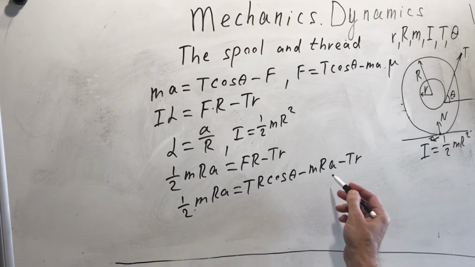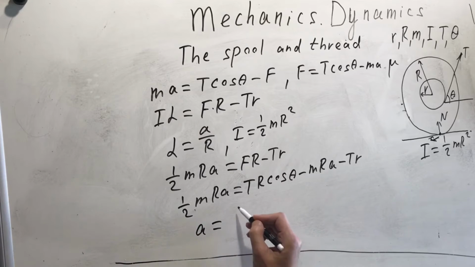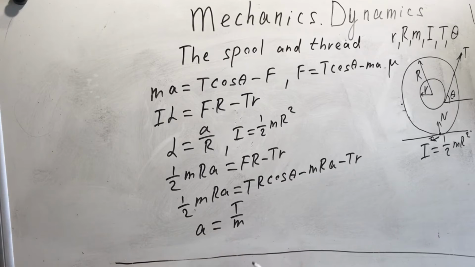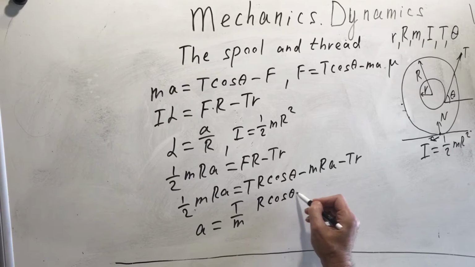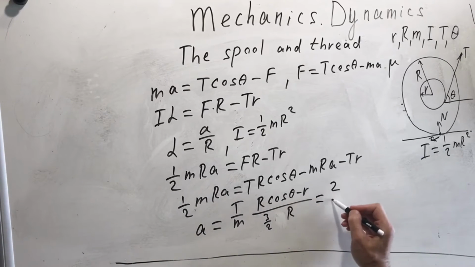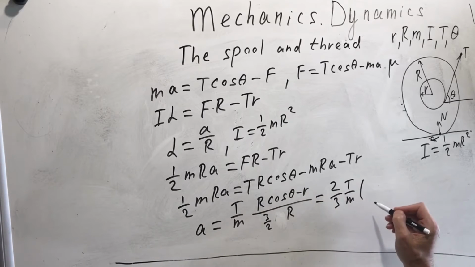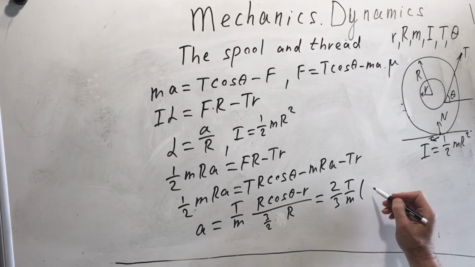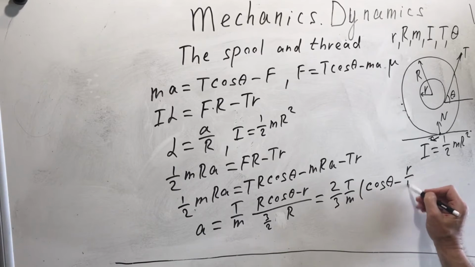And now we can move this part to the left, and we have acceleration equal T over m, times cosine theta minus small r over big R, divided by 3/2, which is equal to 2/3 T over m. And here we have cosine theta minus small r over big R.